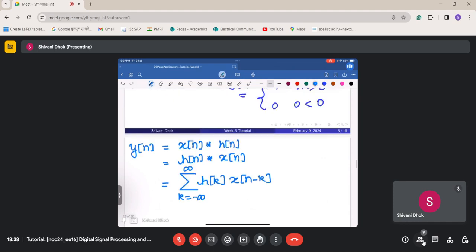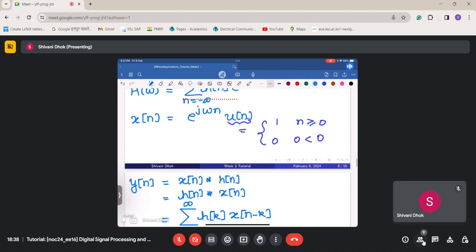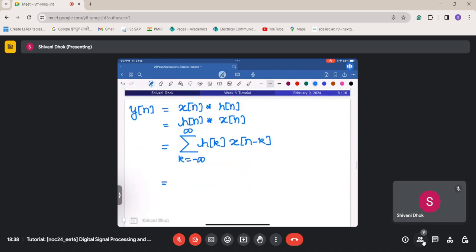Now what is my x of n? My x of n is e power j omega n u of n. So I can simply substitute that. So this is equal to summation k running from minus infinity to infinity h of k into e power j omega into n minus k into u of n minus k.